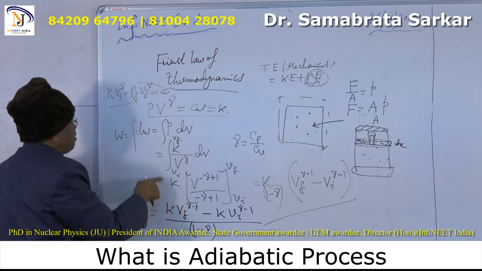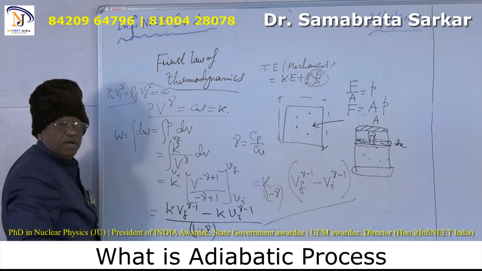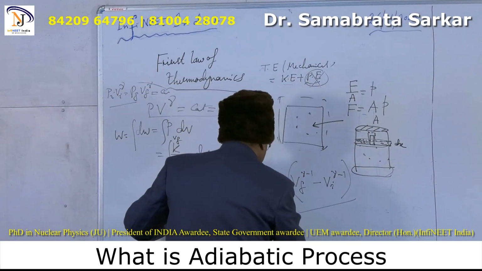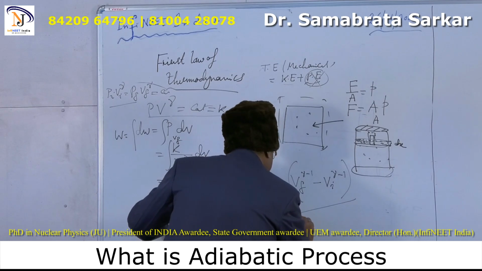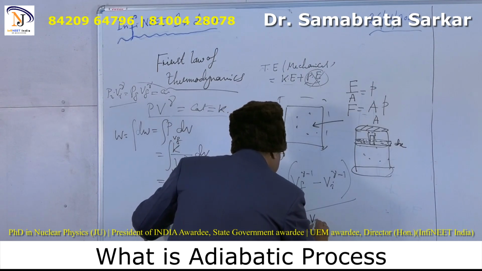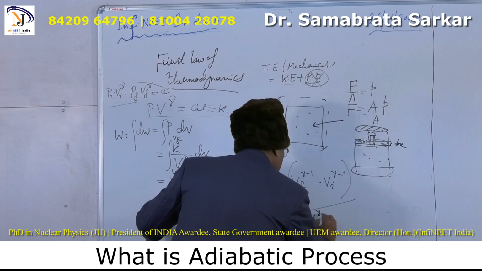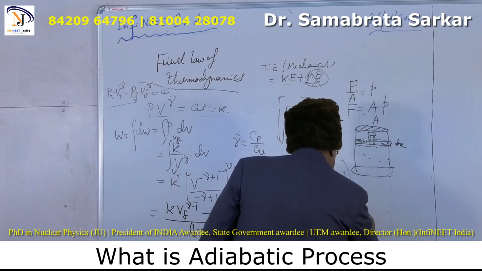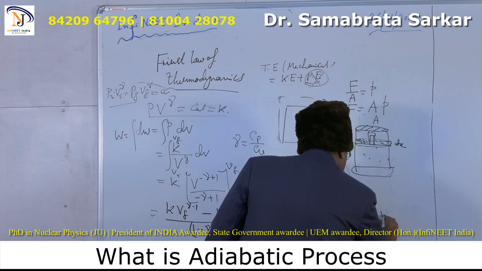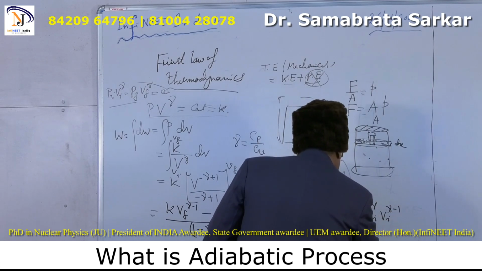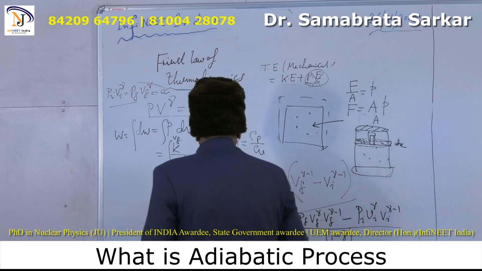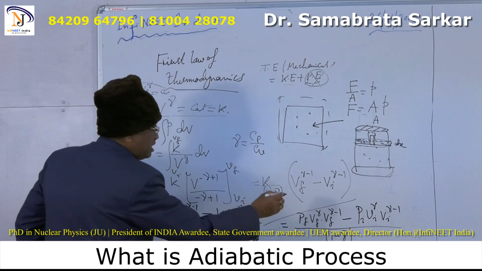Here you have to write Pf Vf to the power gamma instead of K. So you can write Pf Vf to the power gamma into Vf to the power gamma minus 1, minus Pi Vi to the power gamma into Vi to the power gamma minus 1, divided by 1 minus gamma. What is the result?